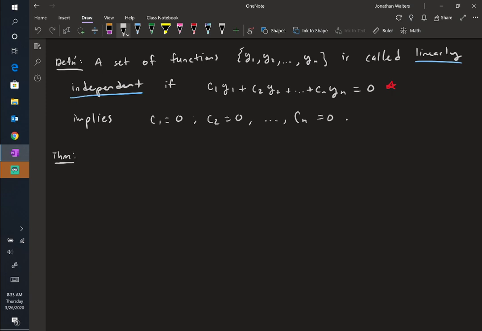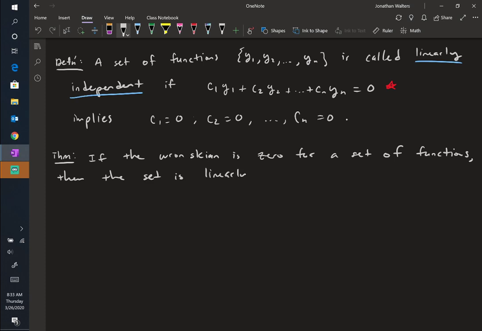So theorem: if the Wronskian is non-zero for a set of functions, then the set is linearly independent.